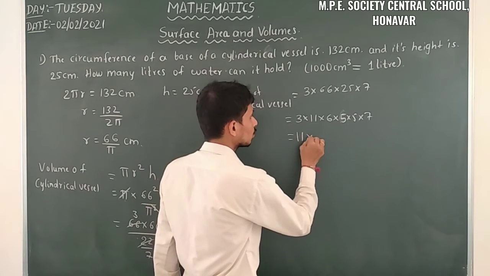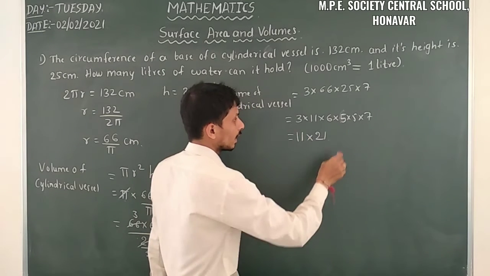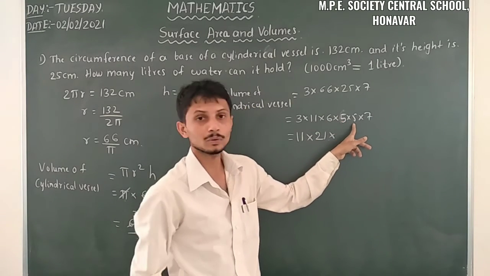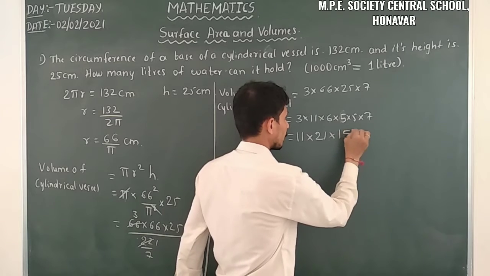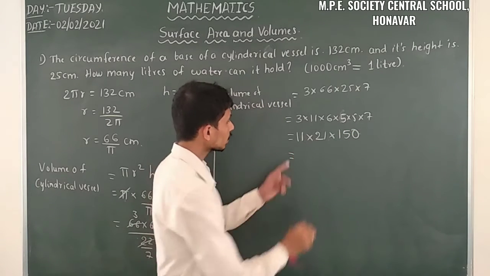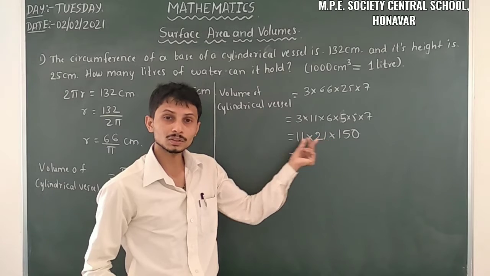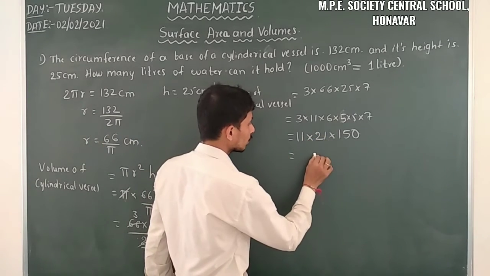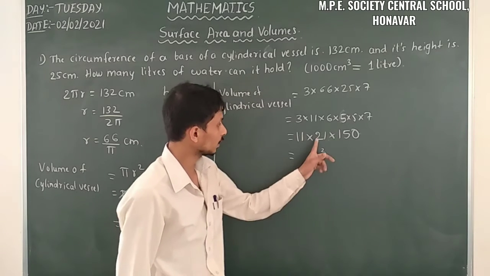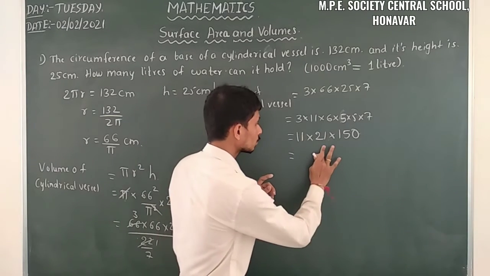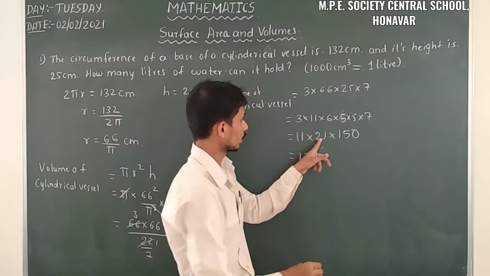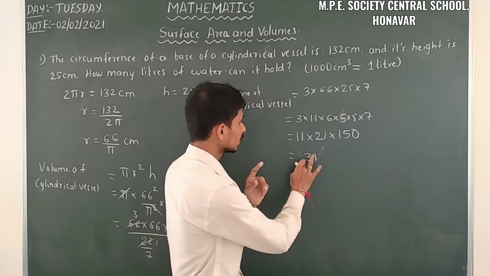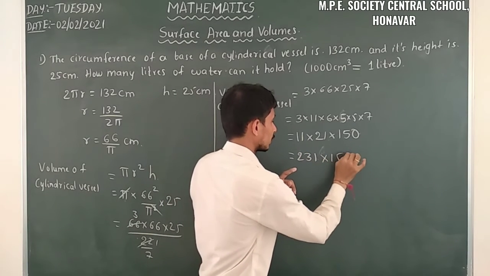Let's observe. 11 into, here 7 into 3 is 21, I will write, and then 6 into 5 into 5, it is 25, 25 into 6, it is 150. Then just observe, here it is in the form of 11 into 21. So since 11 we have, it is easy to multiply. 21 into 1 is 21, and 2 remains as it is, 21 plus 2, it is 231. 231 into 150.